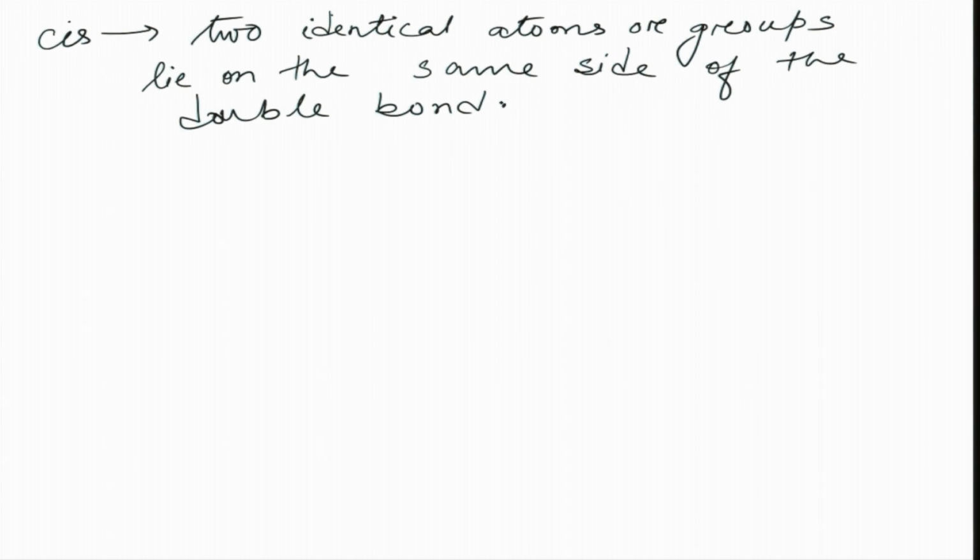So, when two identical atoms or groups lie on the same side of the double bond, then it is called cis. And what is trans?